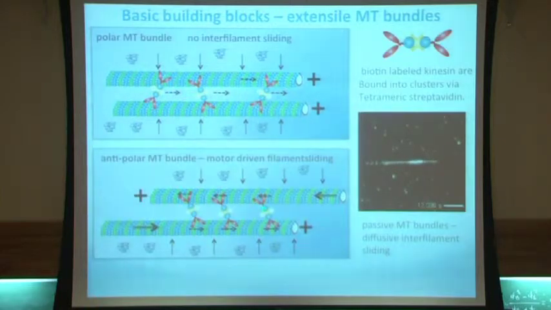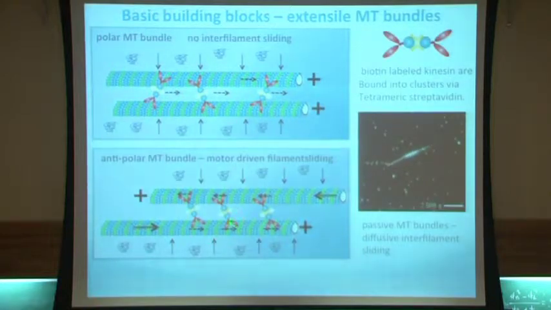And the other thing that I should say is that by having this bundle geometry, you greatly enhance how long the clusters stay bound to the microtubule. On average, a single motor will walk 1 micron and unbind, but if it walks a micron and it unbinds, it's always bound to the microtubule with the other side, right?